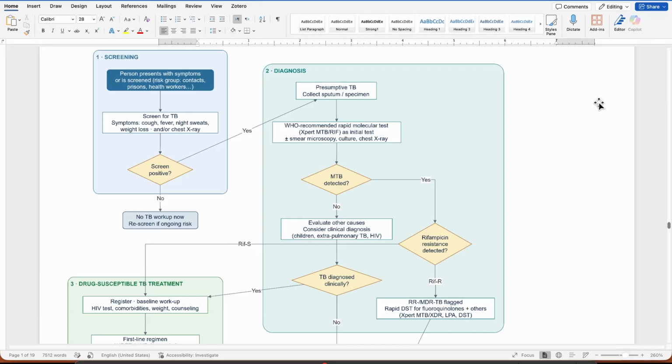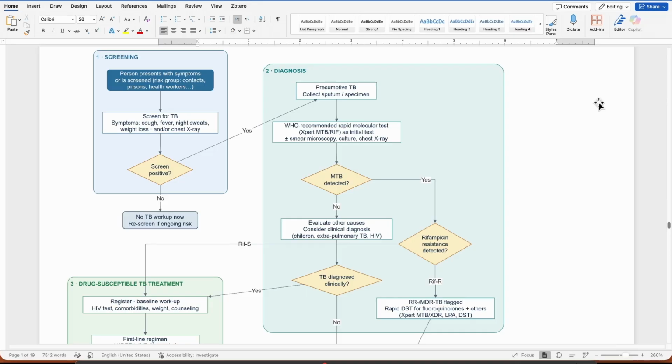This is smear microscopy. Then there's a gene expert test. It detects MTB as well as it tells you, if there is a bacteria, whether this bacteria is resistant to rifampicin. Rifampicin is a drug used for treatment.